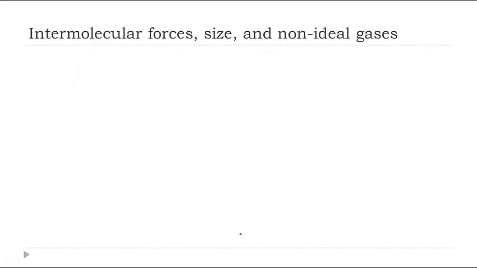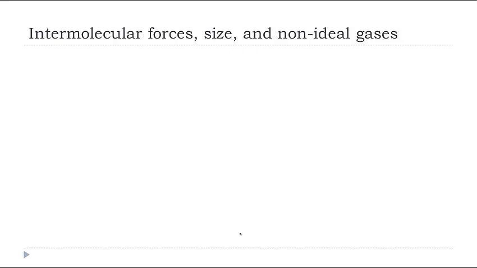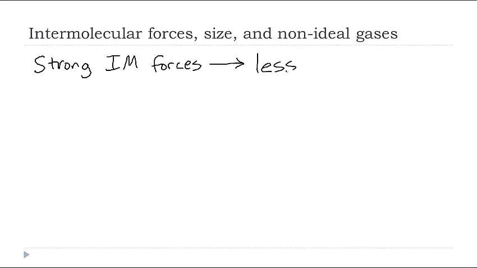Now, if we're talking about the molecules themselves, what can we say? If things have strong intermolecular forces, is that going to make it behave more or less ideally? Less ideal, because now when the particles get close to each other, they'll be attracted.